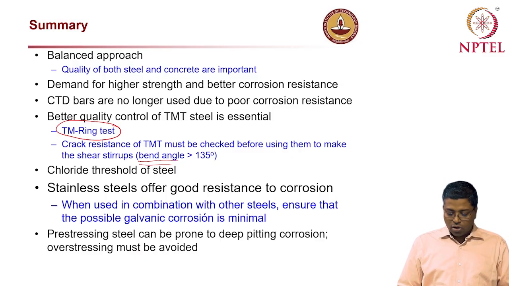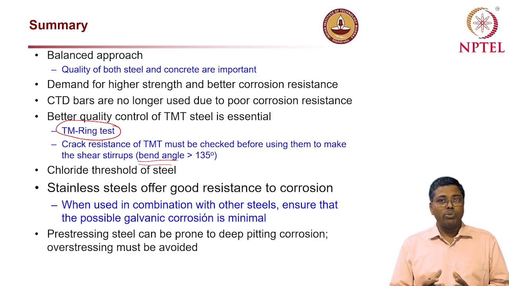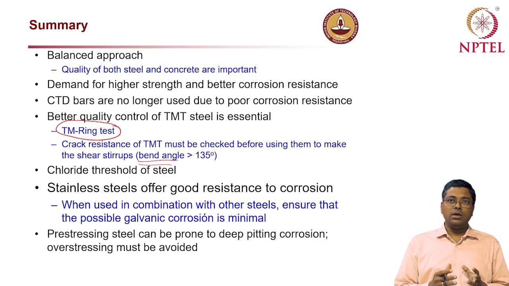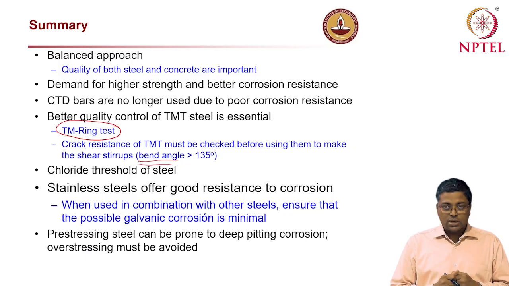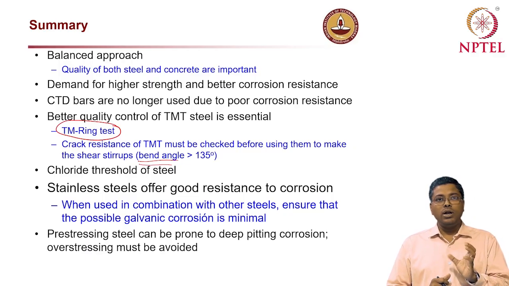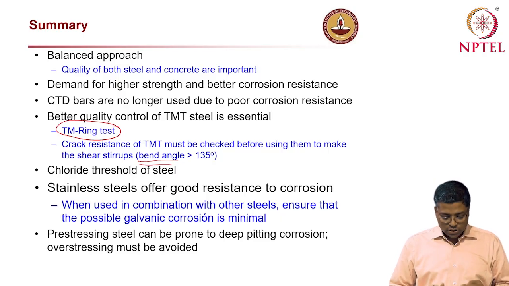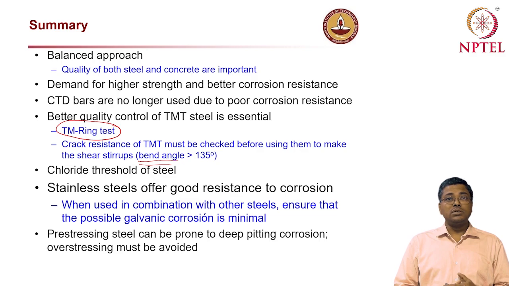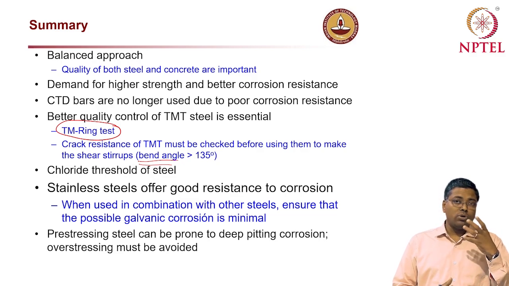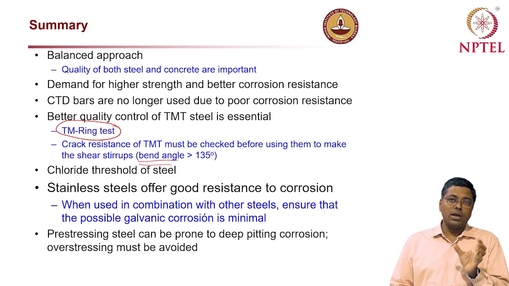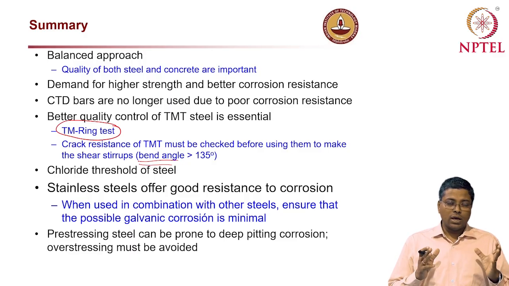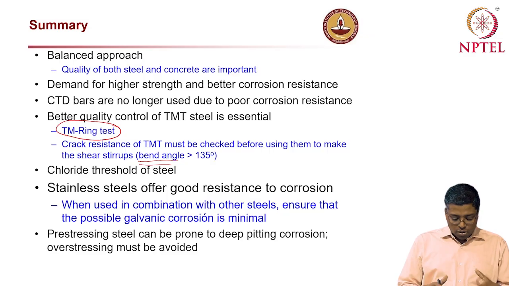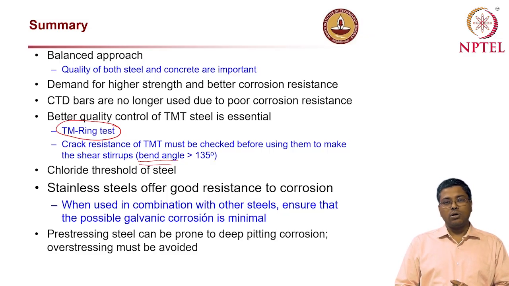And stainless steel offers good resistance, but of course the combination of stainless steel and other steel is in practice today to reduce the expenses, but that must be allowed only if the galvanic corrosion is minimal for the desired service life. And prestressing steel can be prone to deep pitting corrosion or localized corrosion because of the high stress they are experiencing as compared to conventional steel. So all these must be looked at when we talk about steel.